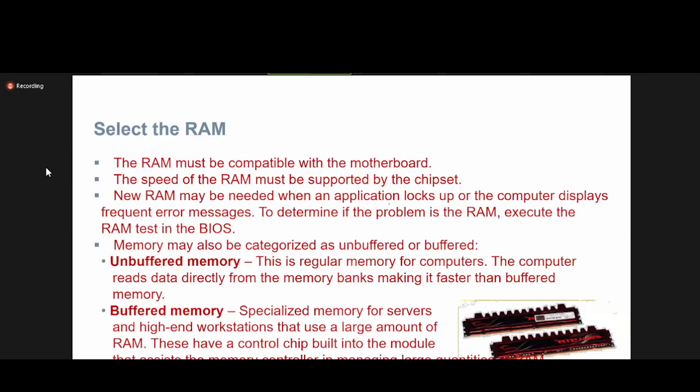So when you are selecting RAMs to assemble your computer, what parameters should you consider? First thing is always consider that all the devices must be compatible with the motherboard, right? With the CPU.